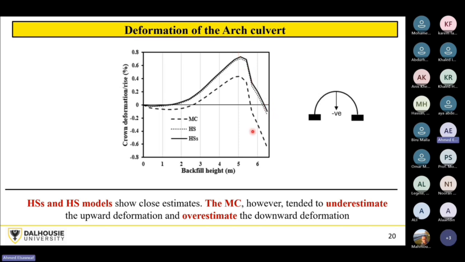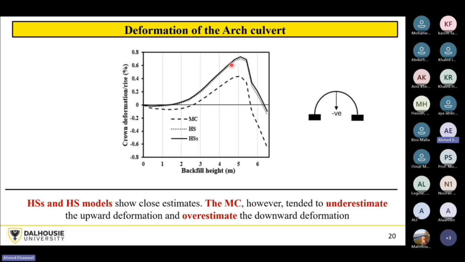That's what we can see here. If you are less than 5 meters, you will get a peaking deformation. If you are higher than 5 meters, the crown will start to deform downwards.